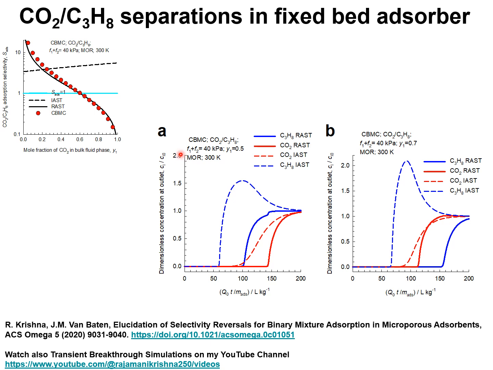I now illustrate the importance of selectivity reversals on separations of mixtures of CO2 and propane in a fixed bed adsorber packed with Mordenite zeolite. I perform transient breakthrough simulations using CBMC simulation data of unary isotherms, and I show here two sets of simulations for two different compositions of the feed mixture.